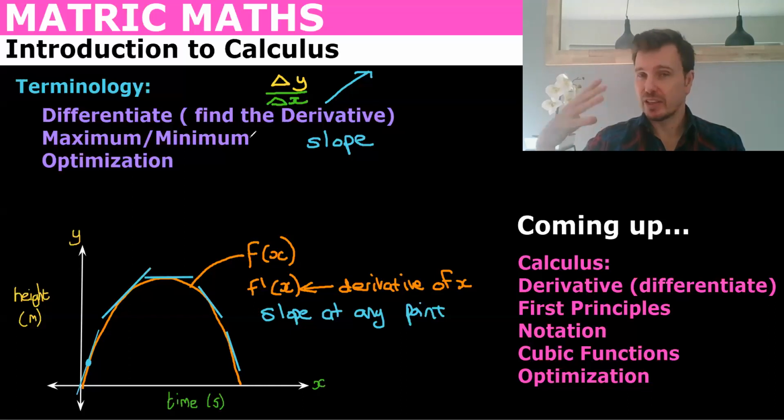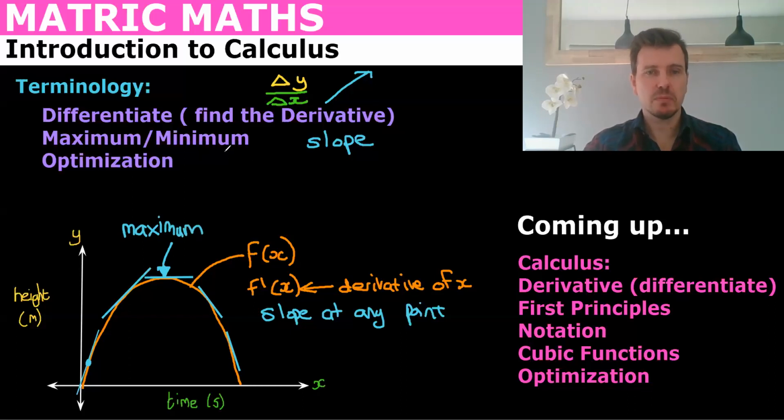And then calculus shouldn't be that difficult because you just need to usually find the derivative. And then once you found the derivative, that would then tell you a bunch of other things. So for instance, let's look at this one at the top where the derivative is a straight line. In other words, the slope is a straight line. Well, at that point, we have a maximum because it's the maximum height, okay?